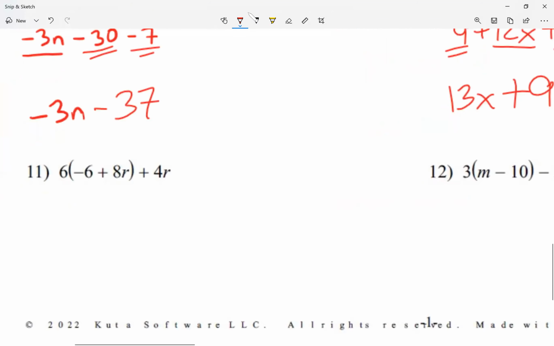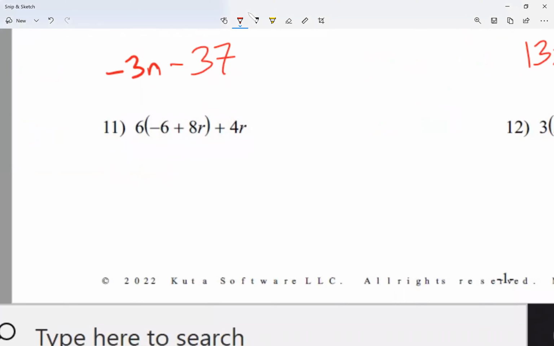All right, let's take a look at question number 11. First of all, let me multiply the number outside of the parentheses to the terms inside of the parentheses. Again, we might be confused. Do I multiply this 6 or do I multiply this 4r? Now, it is not the 4r because there's a plus sign in between the parentheses and the 4.